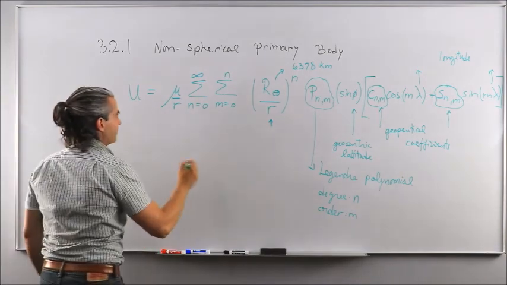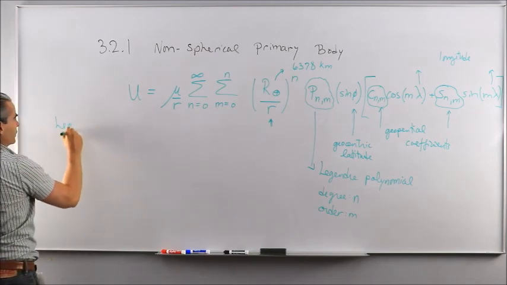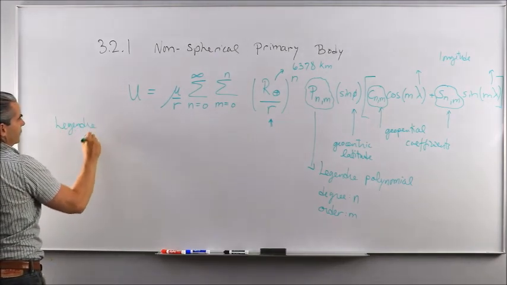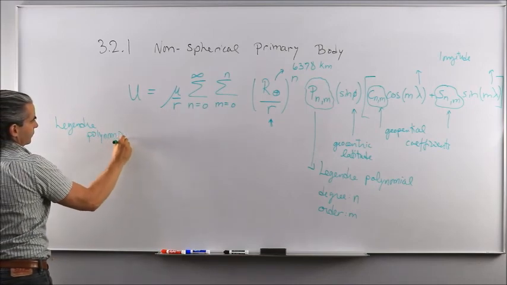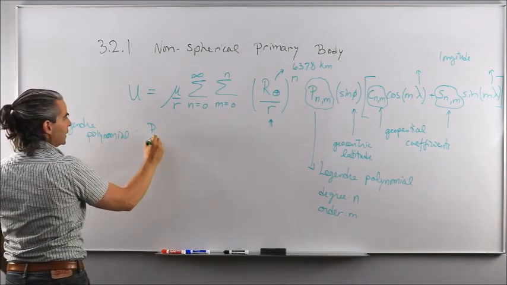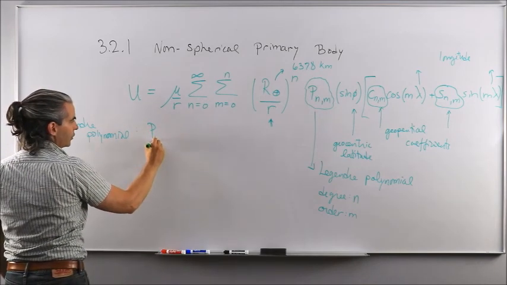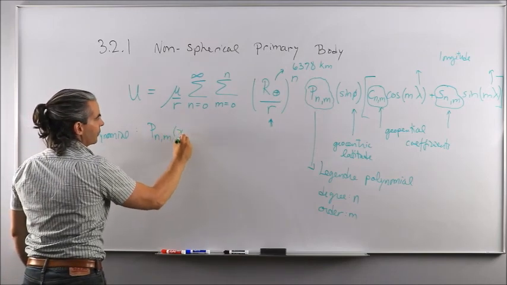So the Legendre polynomial, I'm going to give you the mathematical definition. So this is P of degree n, order m, of some arbitrary function.